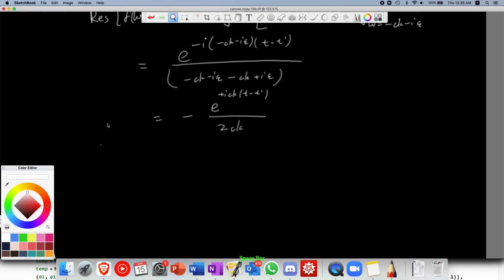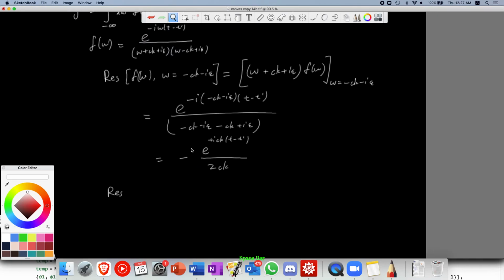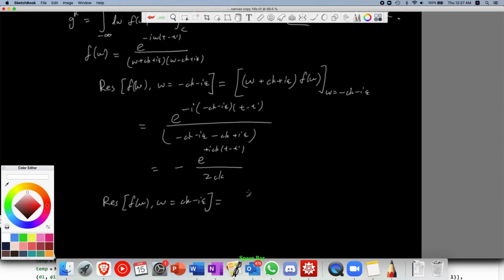Now what's the second residue? It is simply the same procedure, and I need to do e to the power of minus i omega, with omega equal to minus plus ck minus i epsilon, times t minus t prime, over the bottom.